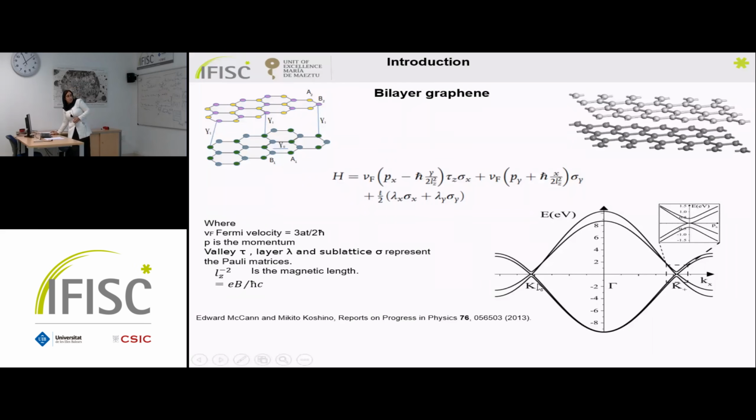We have the K prime valley and the other valley near K. If we zoom in on K, we have this spectrum, which in this case is an uncapped, gapless spectrum. The nice thing about bilayer graphene is that we can tune a gap: the gap opens when we apply a perpendicular electric field to this bilayer graphene material.